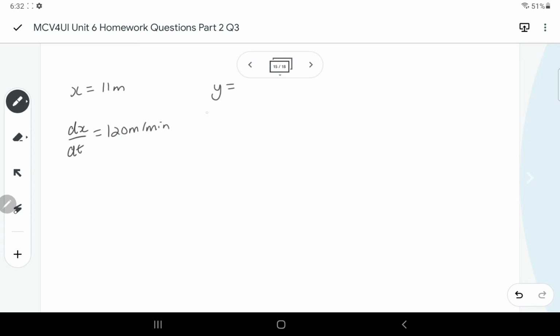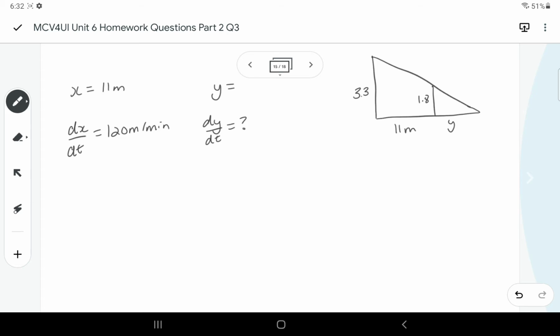I don't know my y, but we'll figure that out. dy/dt is what we are looking to find. Now if he is 11 meters away, he's 1.8 meters tall, the lamppost is 3.3, now I want to find my y. I need to use similar triangles here to figure out what the y distance will be.